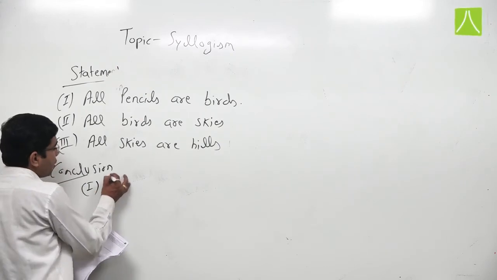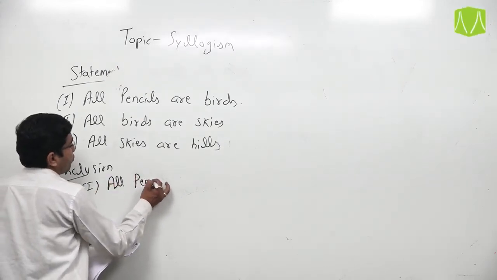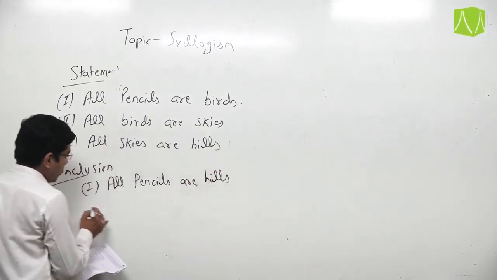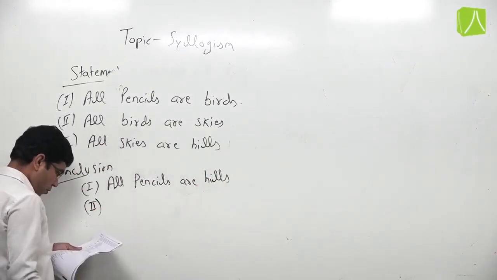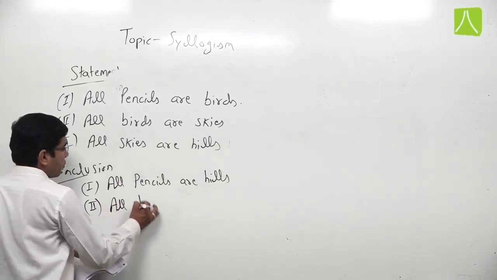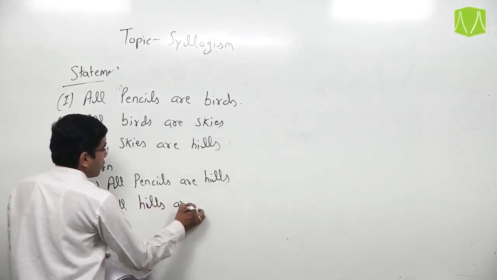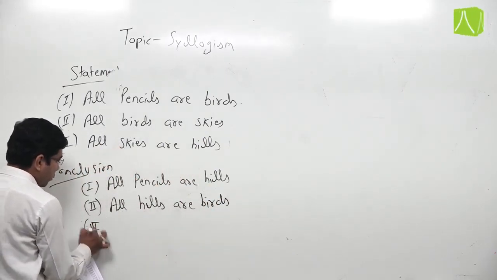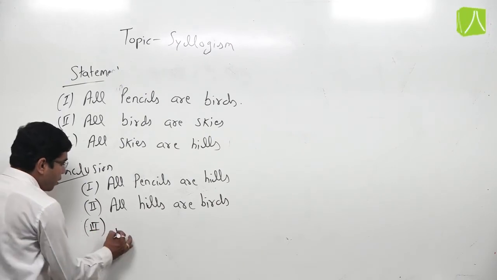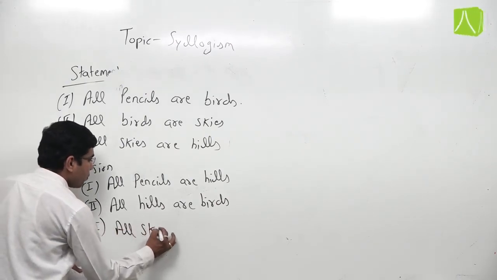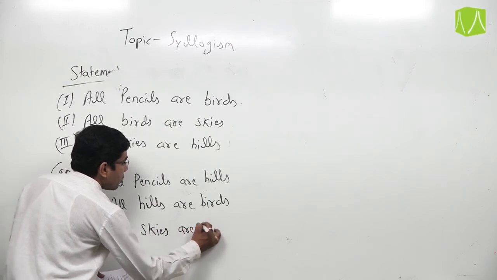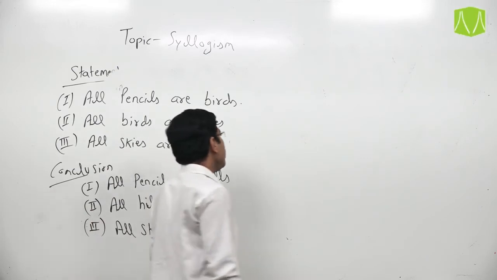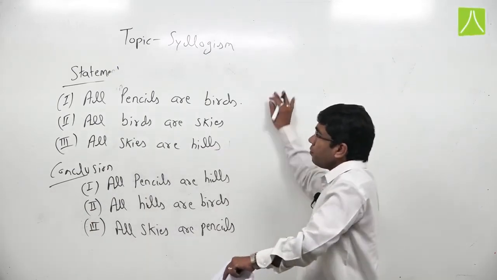First conclusion, all pencils are hills. Second conclusion, all hills are birds. Third conclusion, all skies are pencils. Now we have to check the conclusions with the help of a diagram.